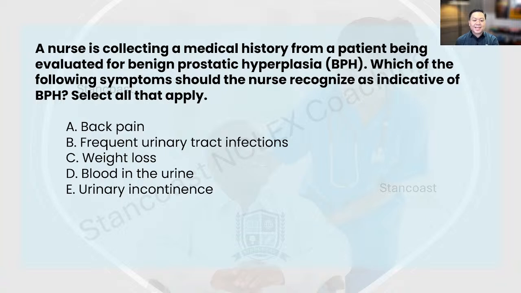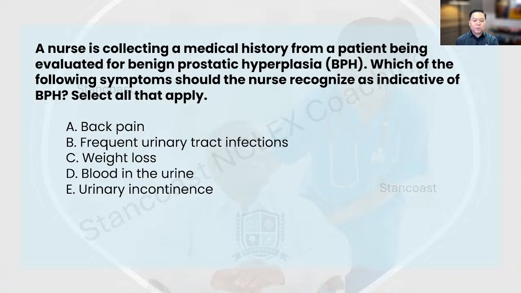A nurse is collecting a medical history from a patient being evaluated for benign prostatic hyperplasia. Which of the following symptoms should the nurse recognize as indicative of BPH? Select all that apply. Is it A, back pain?